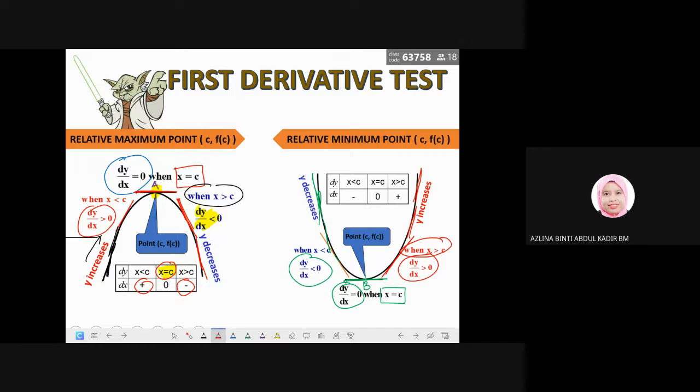The change from negative to positive occurs at a minimum point at x equals c. Here is point B. That is the minimum point, a change from decreasing to increasing value of dy/dx. Can you understand what maximum and minimum points mean?